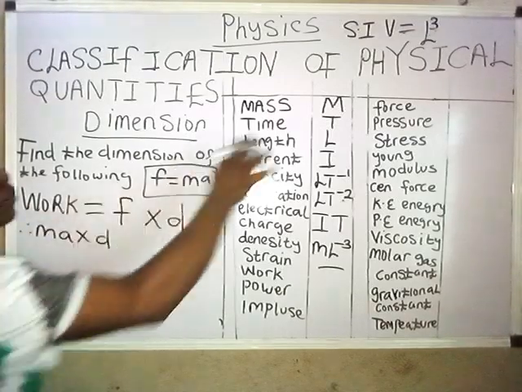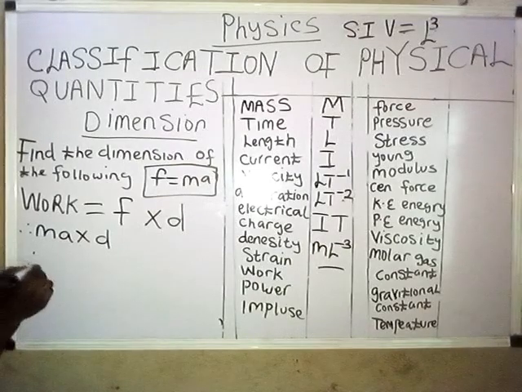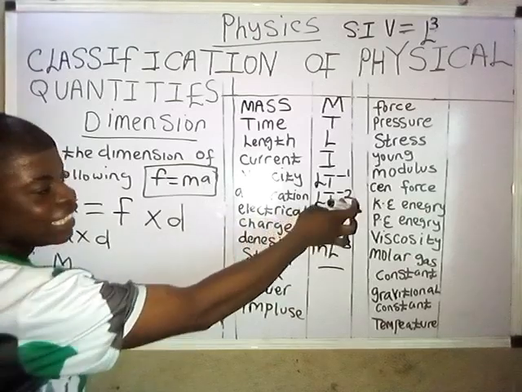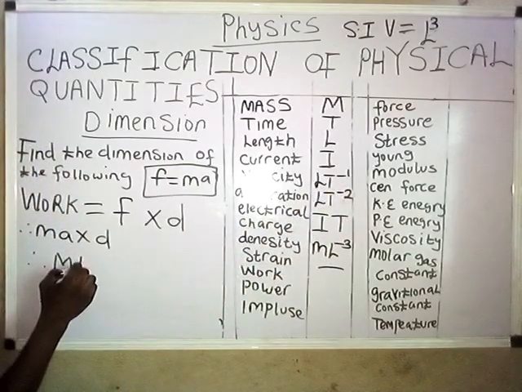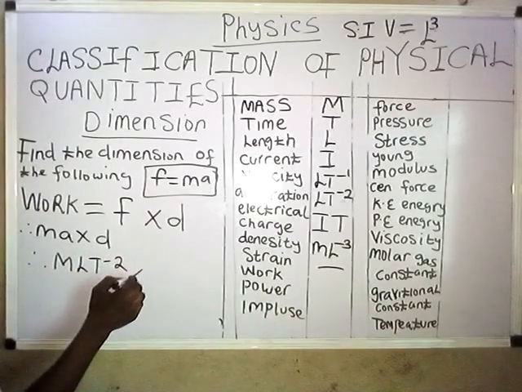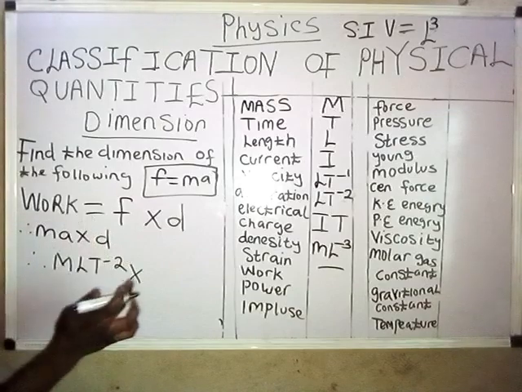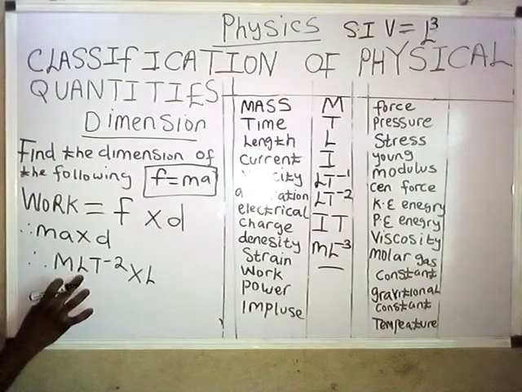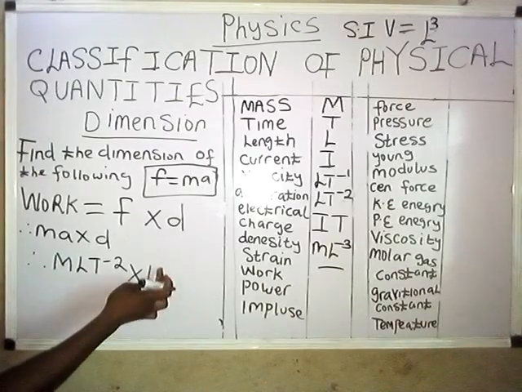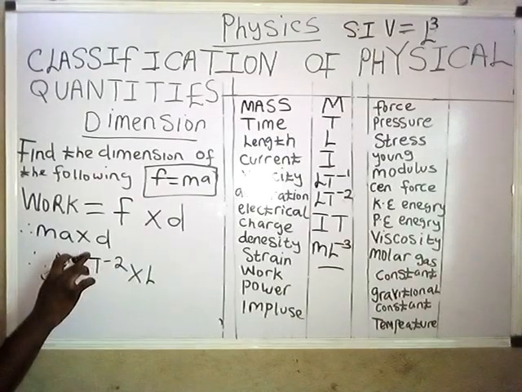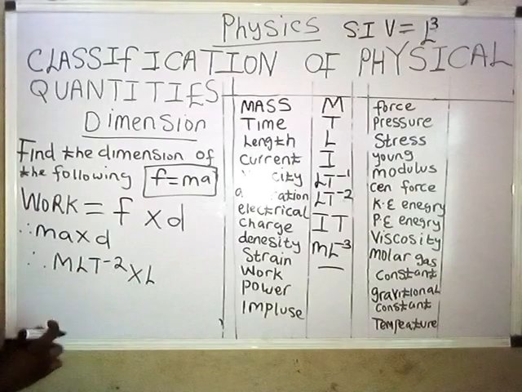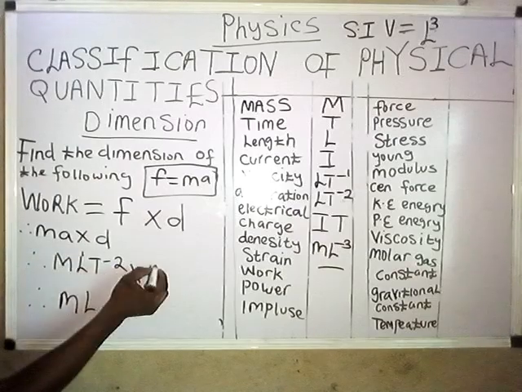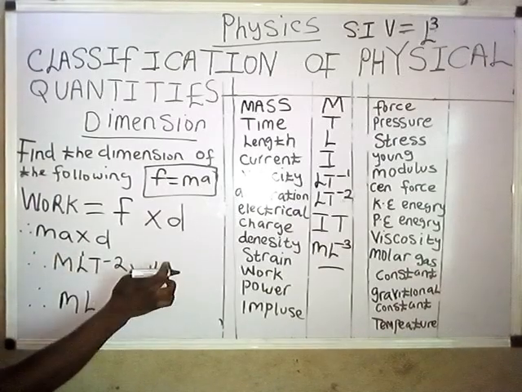The dimension for mass is M. The dimension for acceleration, which I gave you earlier, is LT raised to power minus 2, times the dimension for distance, which is length, L. Looking at it, we have L here and L here, and there's an invisible one on each. They have the same base, so take one base and add the powers: 1 plus 1 is 2.